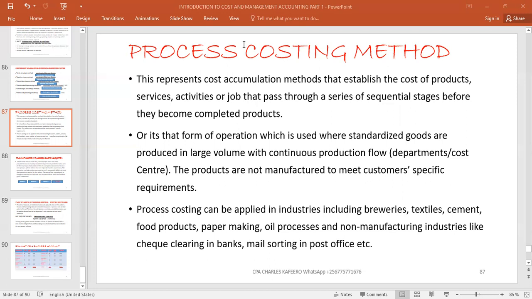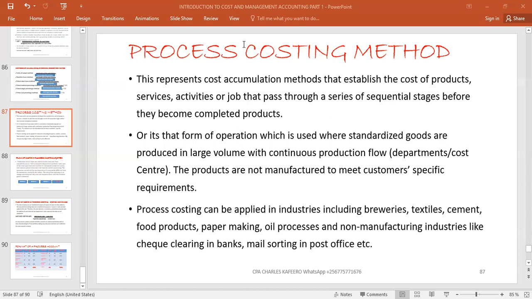It's one of the costing methods where we accumulate costs on products that are produced using different processes or departments, but each process has a different operation, and the costs incurred are different in each department.